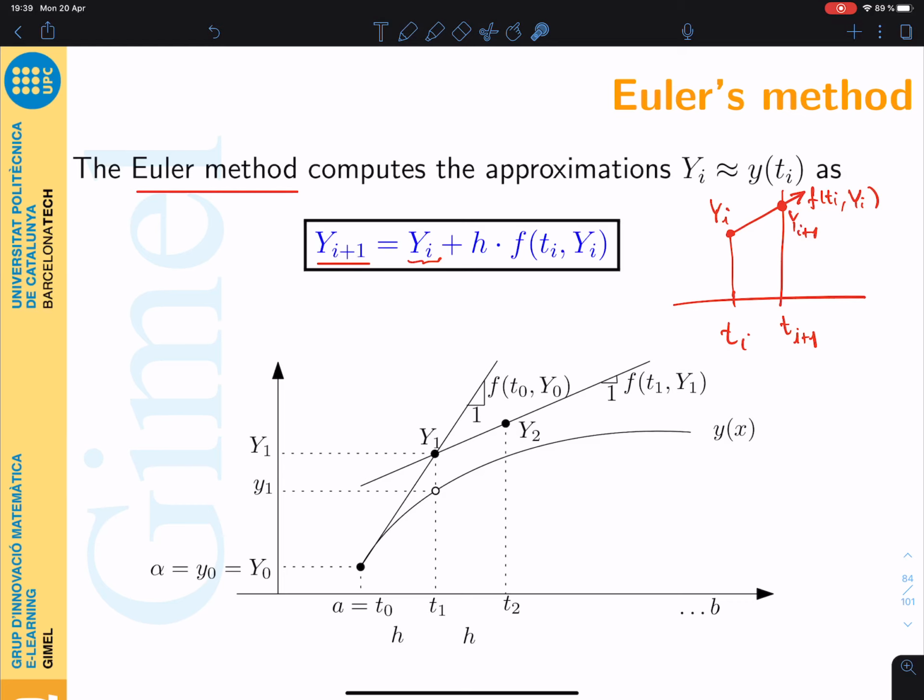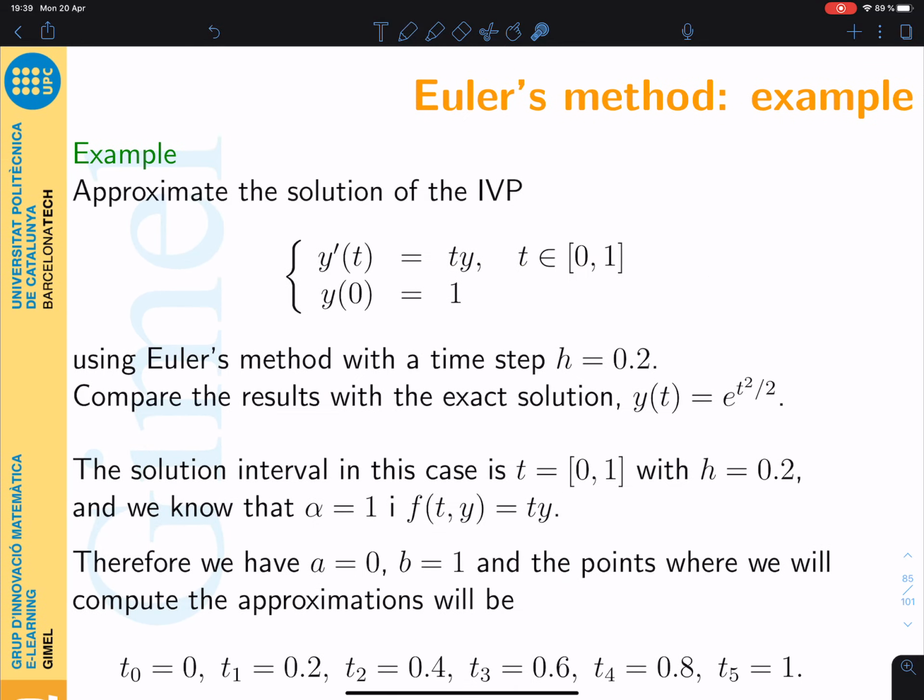This is the basic formula. Let's do an example, okay? A numeric example. So let's say we want to approximate the solution of this initial value problem we have here. Y prime t is in the left-hand side, already isolated, and the right-hand side here is this function f of t, y.